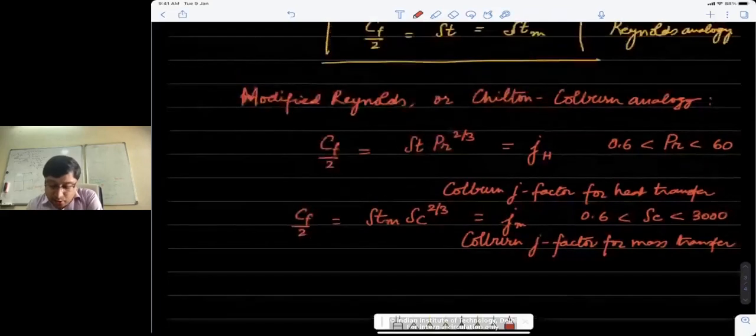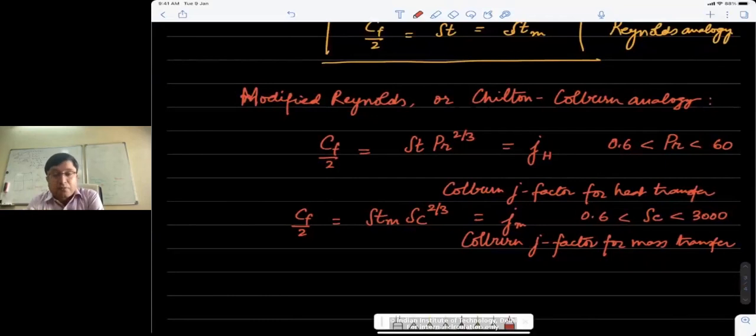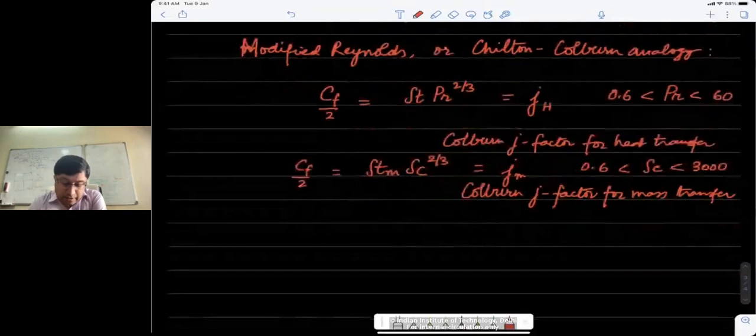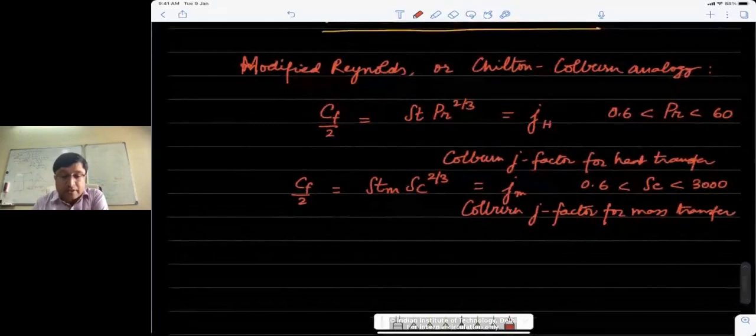So by proposing these new analogies, if you have data for, let's say, the hydrodynamic condition, then you can recover the corresponding data for the mass transfer problem or the heat transfer problem using just this simple equation. It looks simple, and we will use this further as I go into the next segment. I will use this analogy in quite a few places.